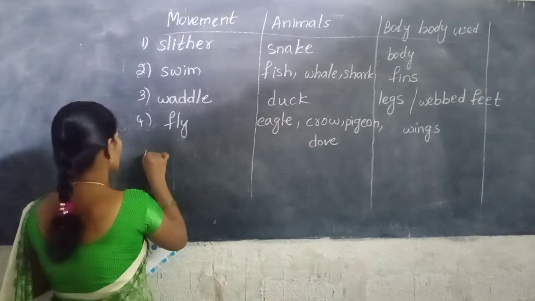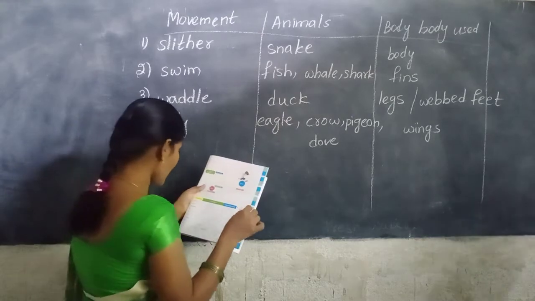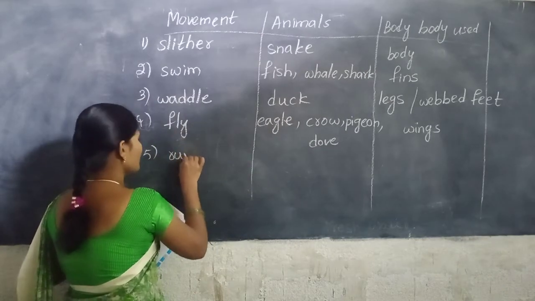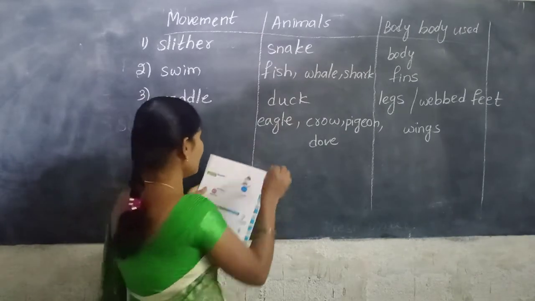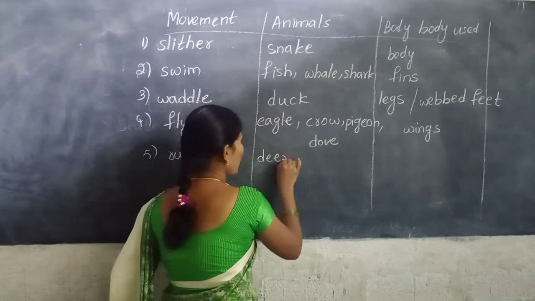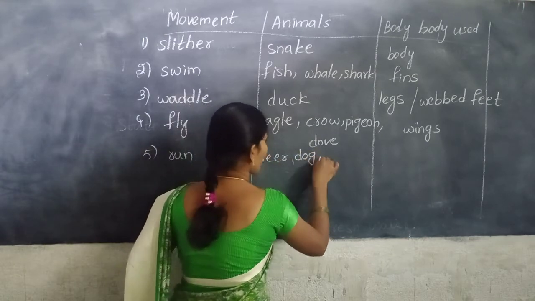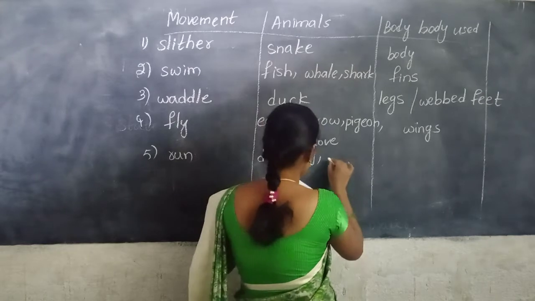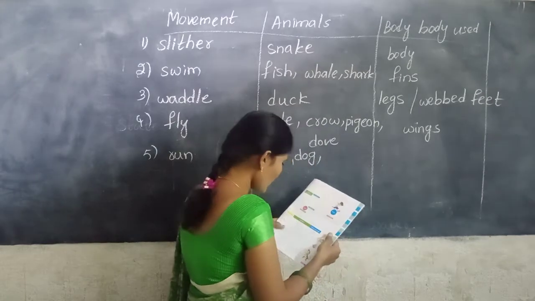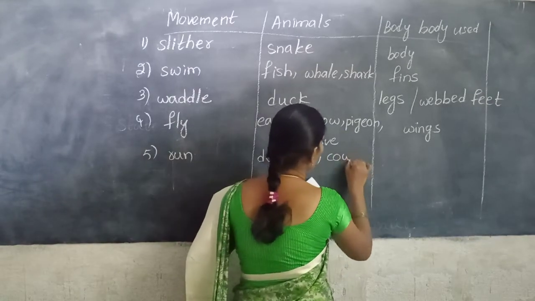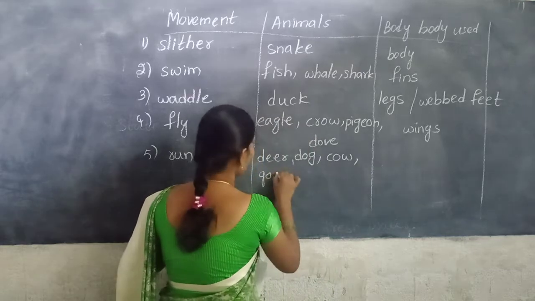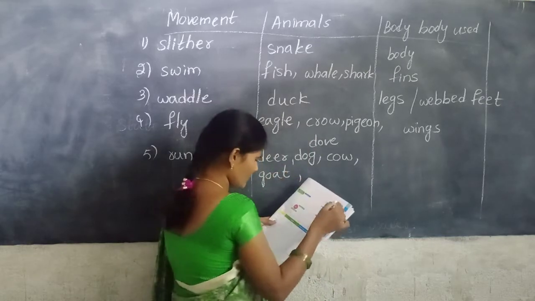Okay? Next, run. Deer can run. Dog can run. Cow can run. Goat can run. Mostly all the animals can run.